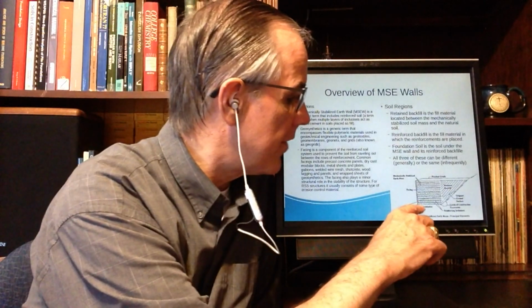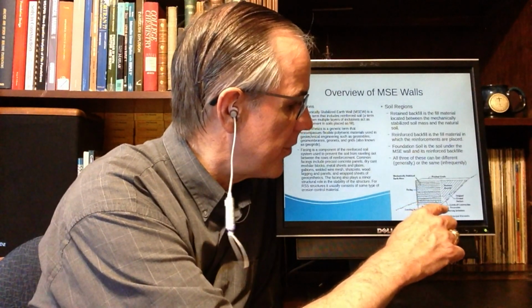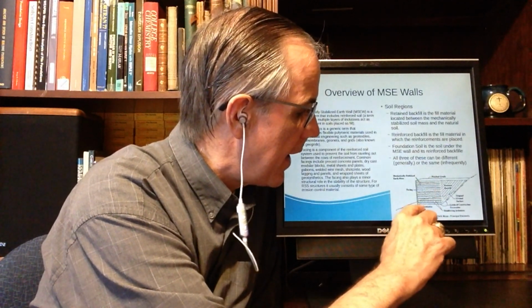And their calculations showed them that they had a settlement issue under this. And you would think as narrow as it is, bearing capacity would be the number one mode of failure. And they probably looked at that too. But they had a settlement issue, both from the weight of this thing on top of the soil here and under here.